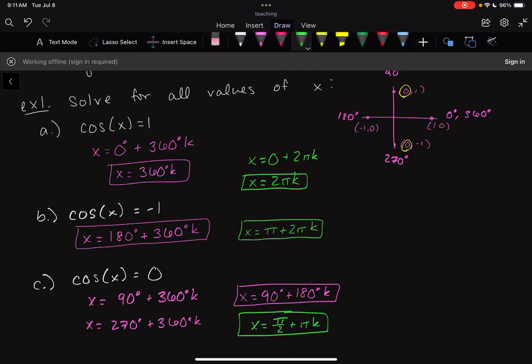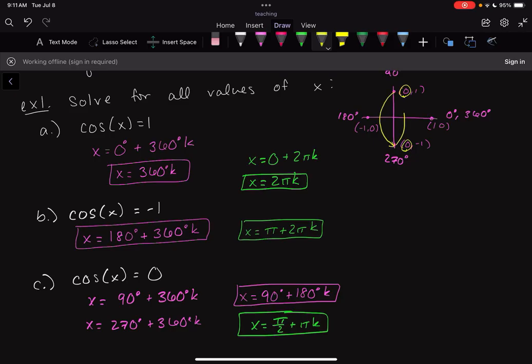And so when cosine is equal to 0, that's the only time that you're going to see plus 180k instead of plus 360k. It's just because it's becoming 0 at two places that happen to be 180 degrees apart. So if I start at 90 and go 180, I get to 270.